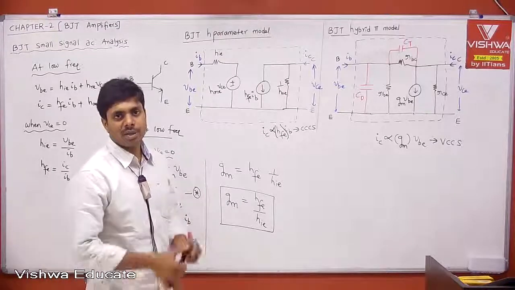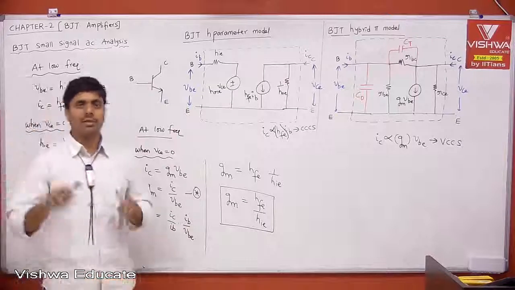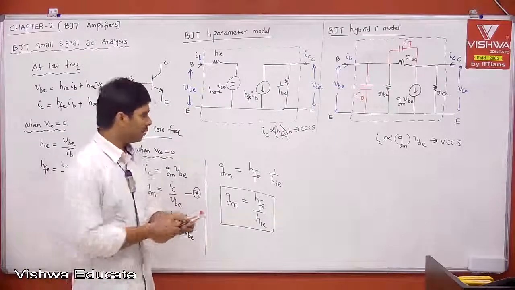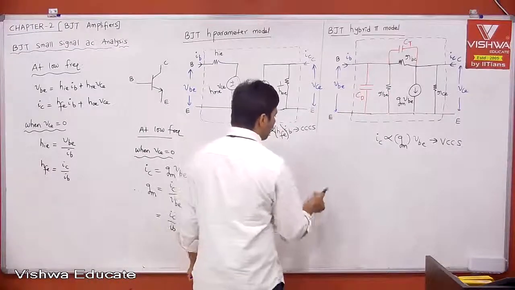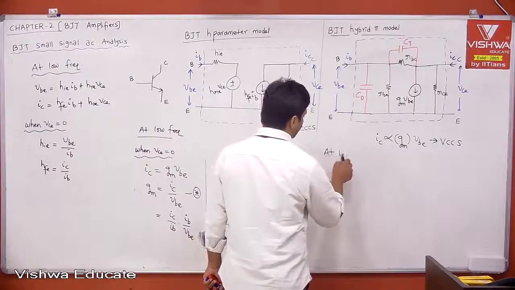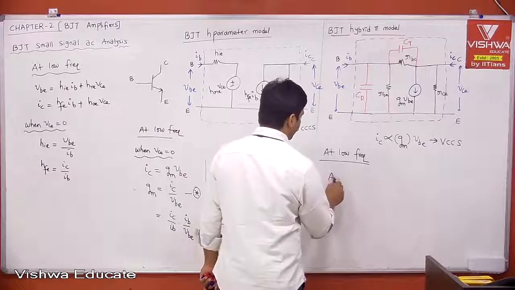Let us say in the examination, a common emitter amplifier is given, but h parameters are not given. gm is given, then can't you calculate voltage gain? Therefore, at low frequencies, what is our AV?